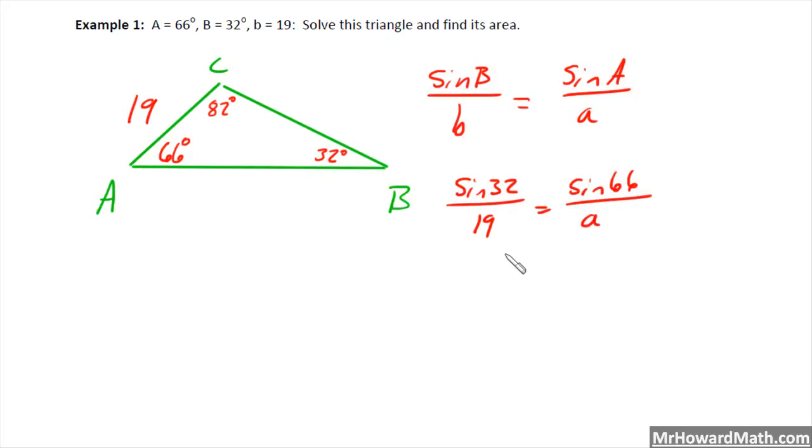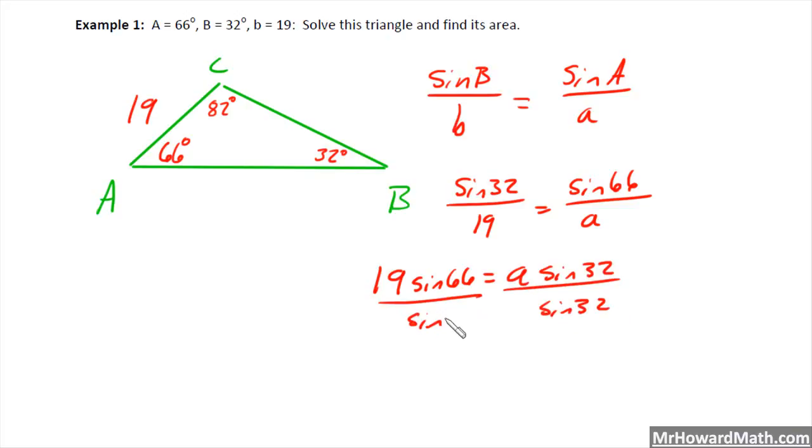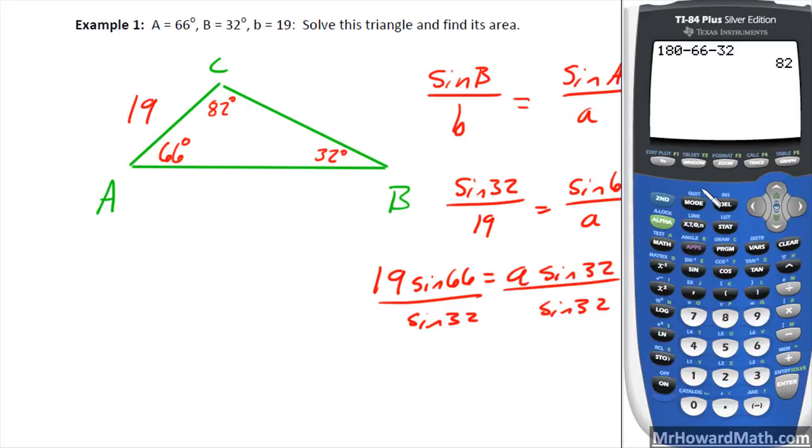So we're missing side length A, so we just cross multiply and we get 19 sine of 66 degrees is equal to A sine of 32 degrees. Divide by sine of 32, and that will give us A. So let's put that in our calculator, make sure we're in degree mode here, we are.